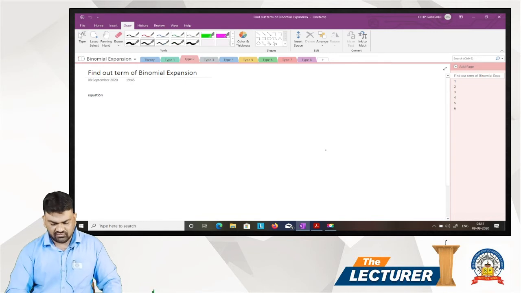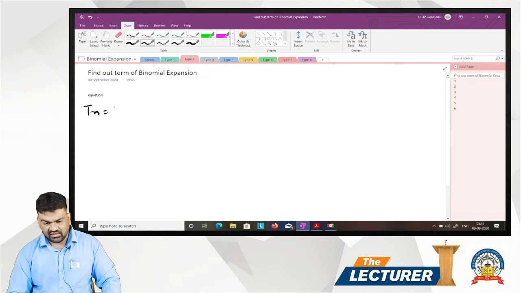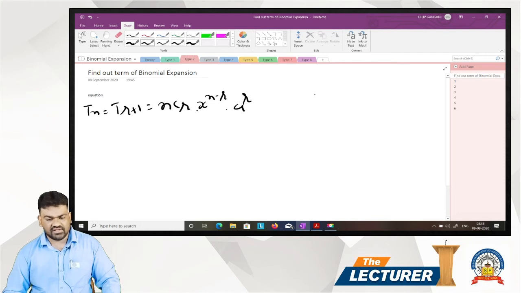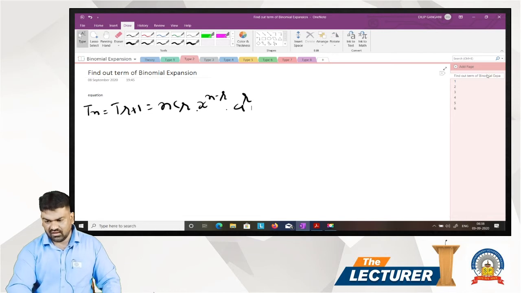Tn is equal to T(r+1) equals nCr x raised to n minus r, a raised to r.